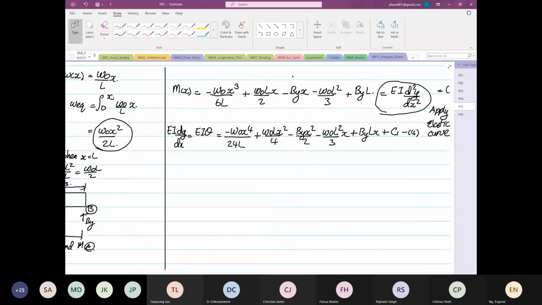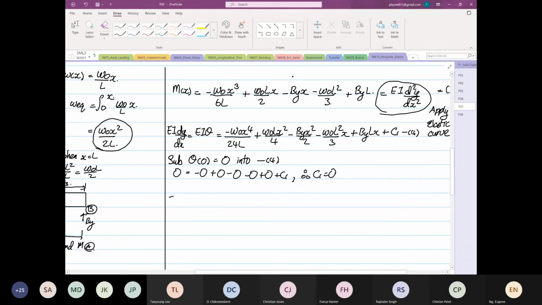So we're going to substitute where x is equal to 0, theta is equal to 0 into equation number 4. So one side is 0 equals minus 0 plus 0 minus 0 minus 0 plus 0 plus C1. And this is good news. Therefore, C1 is equal to 0.